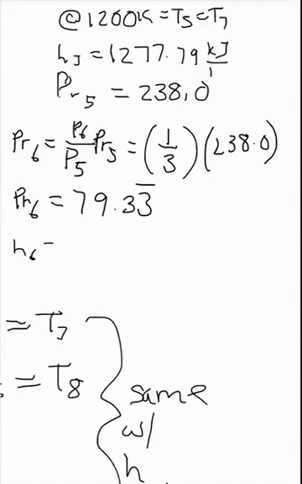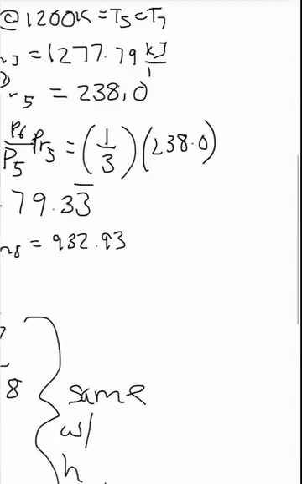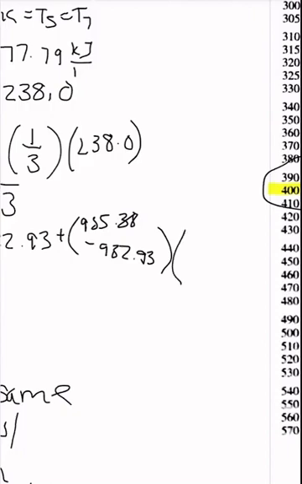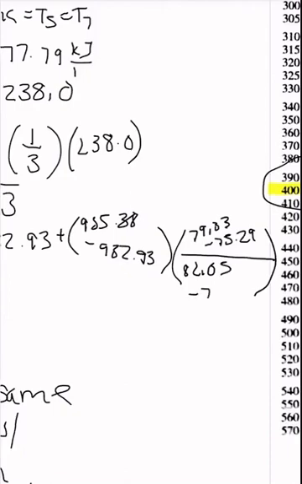So H6 equals H8 equals 932.93 plus 955.38 minus 932.93 times 79.33 minus 75.29 over 82.05 minus 75.29.